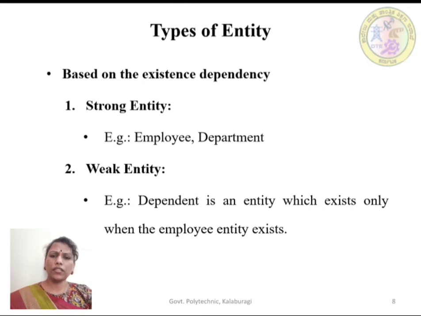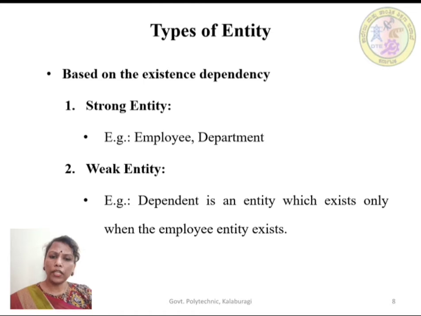What is existence dependency? That means in order to exist, it depends on some other entity. For example, I have given an example here. Strong entity, example, employee and department.